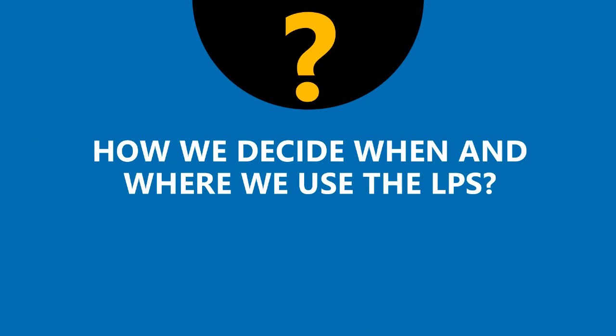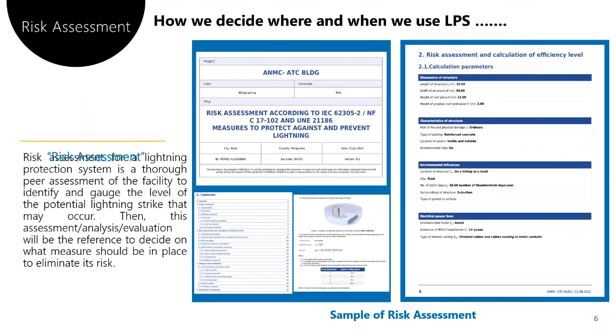So how do we decide where to use the LPS? The answer is to do a risk assessment. Risk assessment is a thorough and fair assessment of the facility to identify and gauge the level of potential lightning strike that may occur.